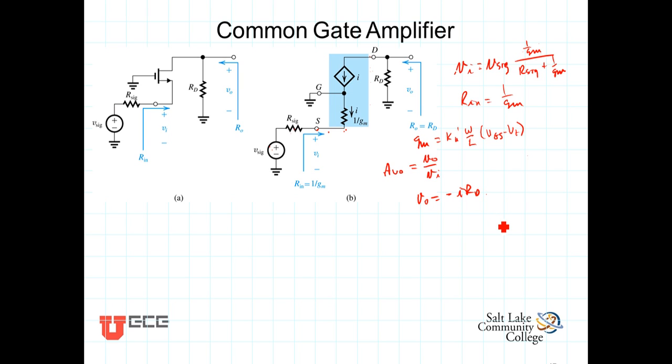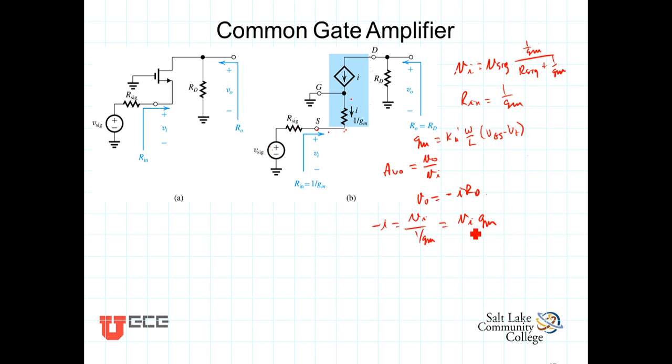Now the current i is referenced going from the gate to the source, so the current going from the source to the gate, which would be negative i, is equal to v_in divided by 1 over g_m, or negative i is equal to v_in times g_m.